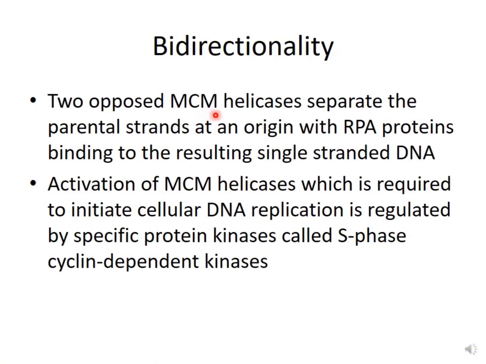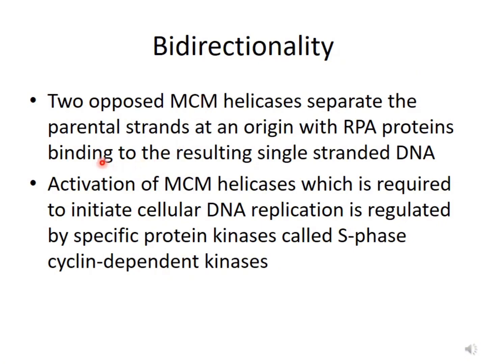There are 2 opposing MCM helicases that separate the parental strand at the origin of replication, with replication protein A binding to the resulting single-stranded DNA, as we mentioned earlier. The activation of these helicases is required to initiate cellular DNA replication.